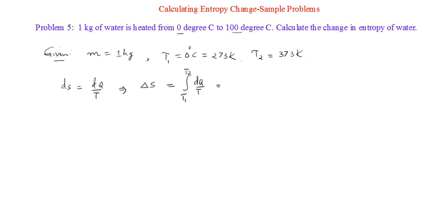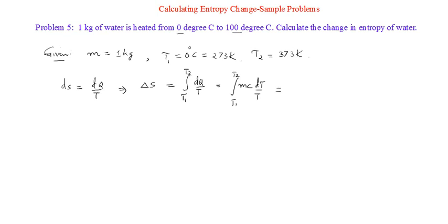So dQ can be written as dQ equal to mc dT. That was the equation that we had discussed previously. So this is nothing but the integral from T1 to T2 of mc dT upon T, where c is the specific heat capacity of water. Directly you can recall this equation and write it. And you know the resulting equation, we derived it.